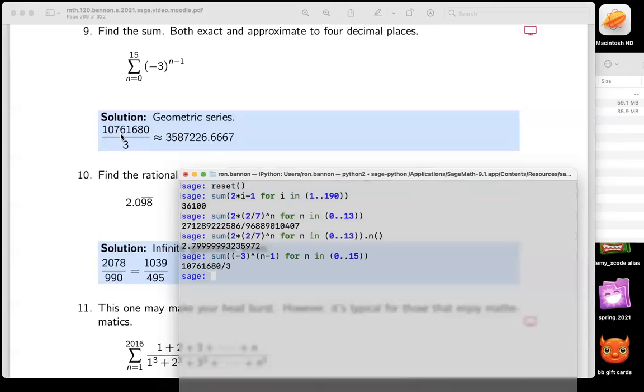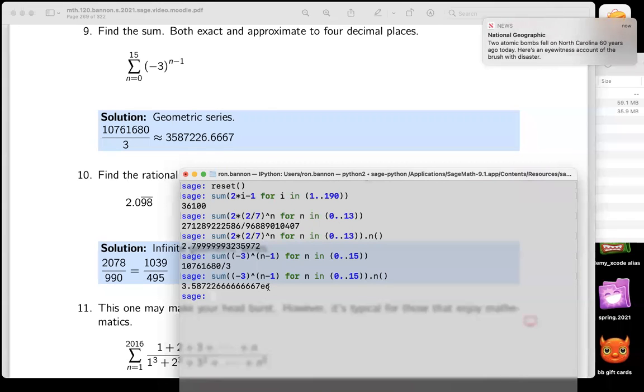Well, you get the number we're giving you over here. Let's say you want to approximate the number. Dot n, parentheses, it's going to approximate it. What do you get? The number, actually it's writing in scientific notation. That e to the 6 means times 10 to the 6th power. So you'd move this thing 6 places over. We get the same number we get over here.